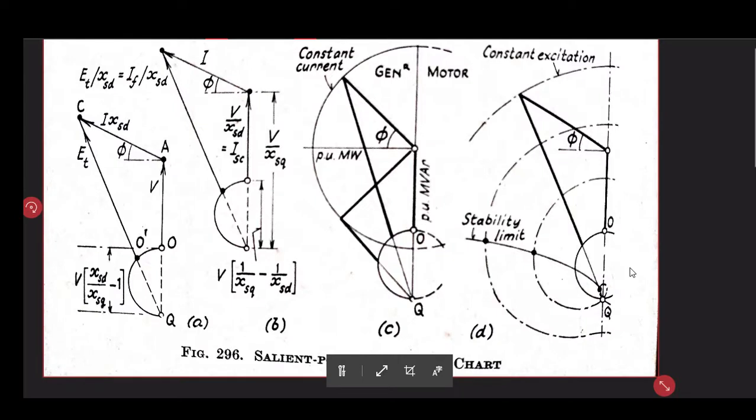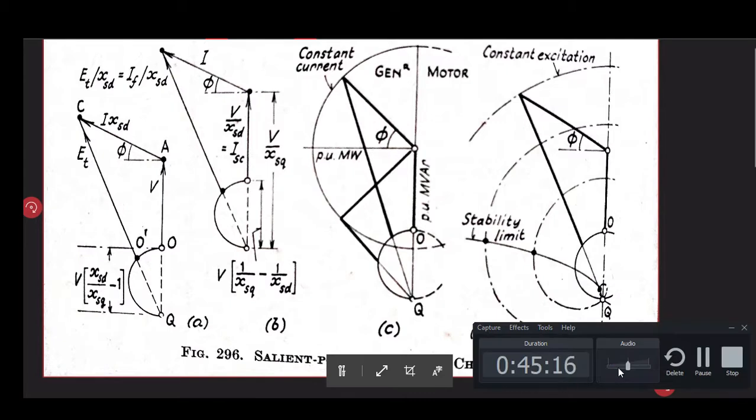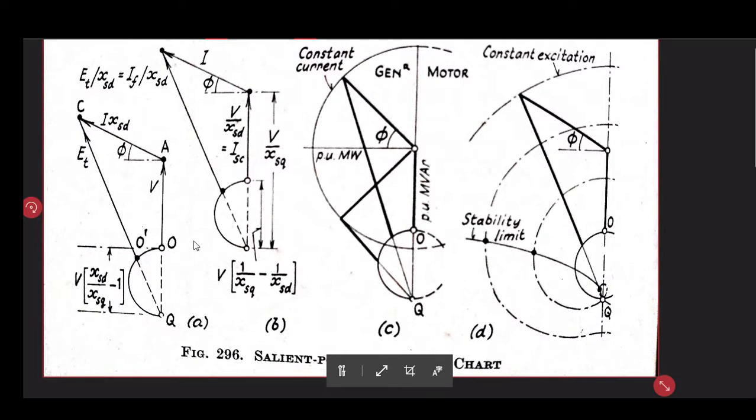Now here this is for the salient pole synchronous machine. I have taken again these charts from the book of MG Say. One thing that is clear here is the difference shown in these first two curves, which is due to the saliency, that is Xsd minus Xsq.